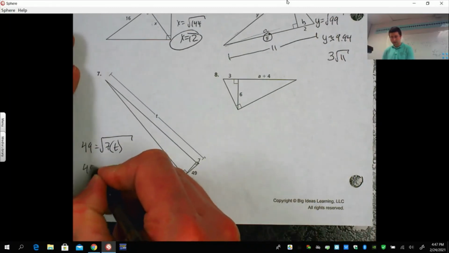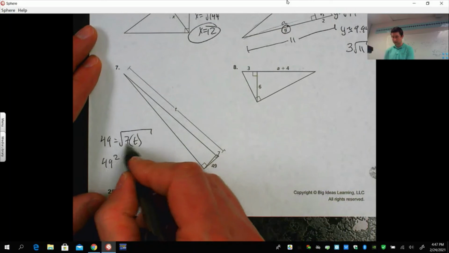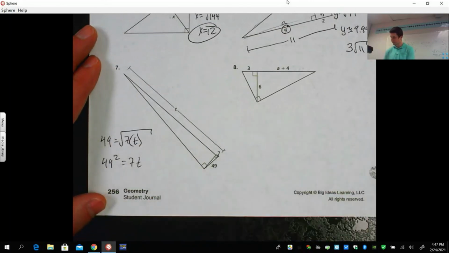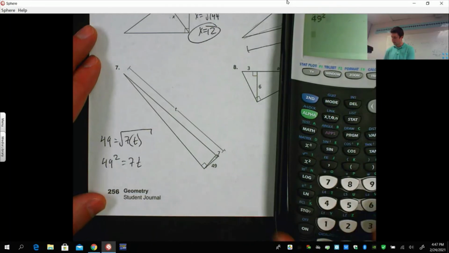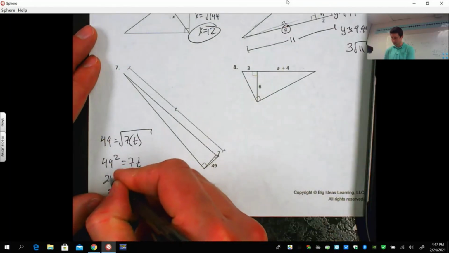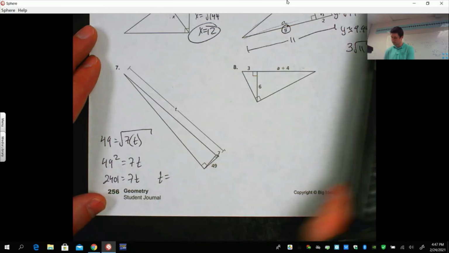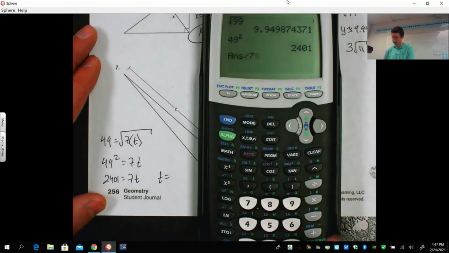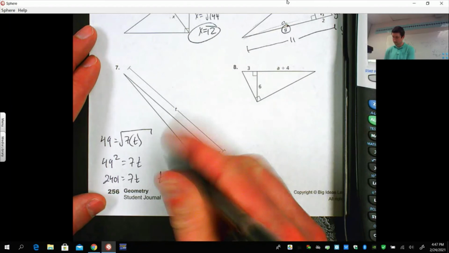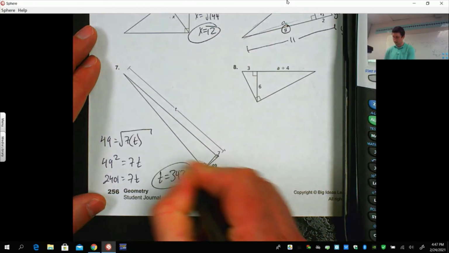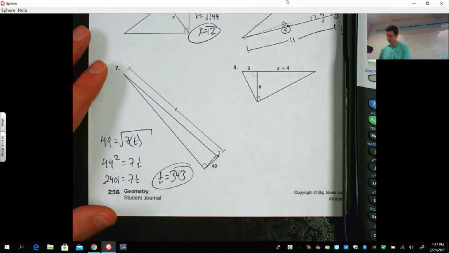That means 49 squared equals 7t. That's how you solve. To get the square root off, you square it. 49 squared is 2401, equals 7t. Divide by 7, divide by 7, and you get 343. So that total length there is 343 feet.